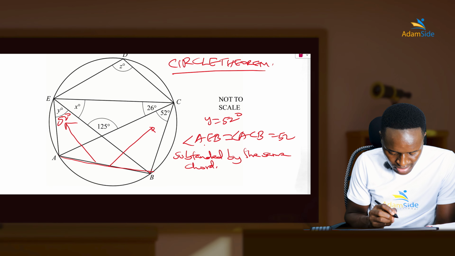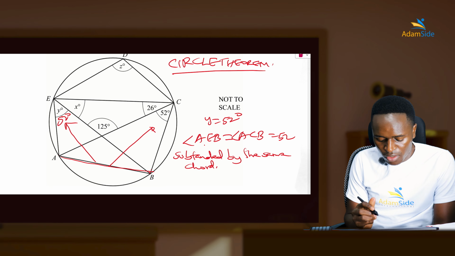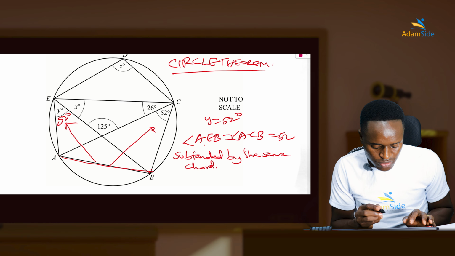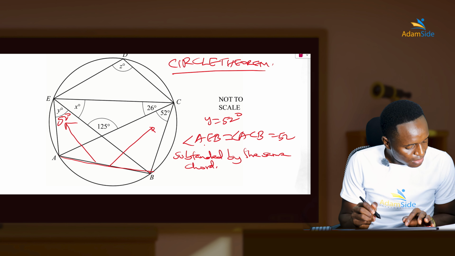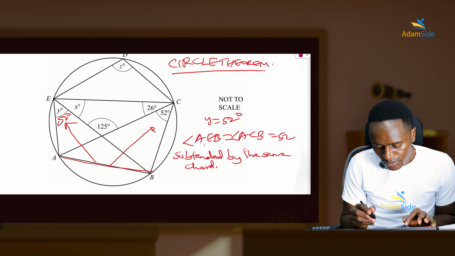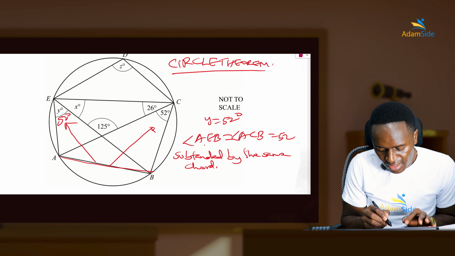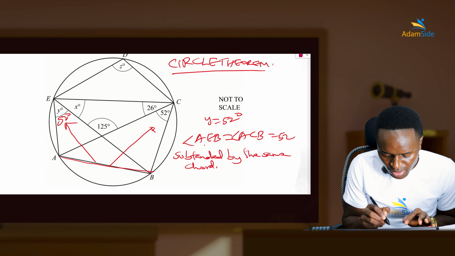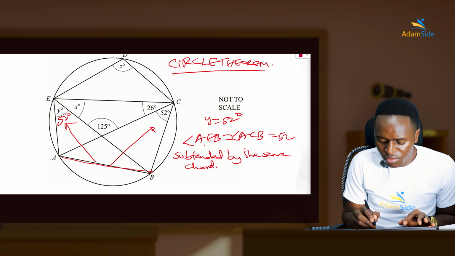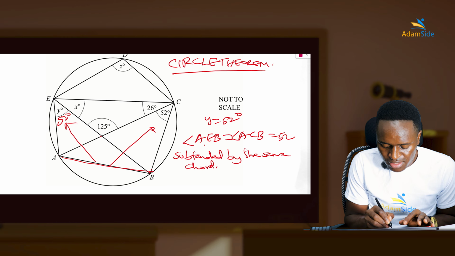So 52 degrees. And then we have angle X. If you look pretty well, we have angle X here. How do we get angle X? We have 52, and then here we have 125 and 26. It's very simple. Look, we have angle 125, we have angle 26. To get angle X, you just use the sum of angles in a triangle, this triangle here.